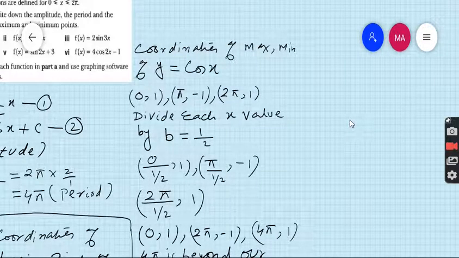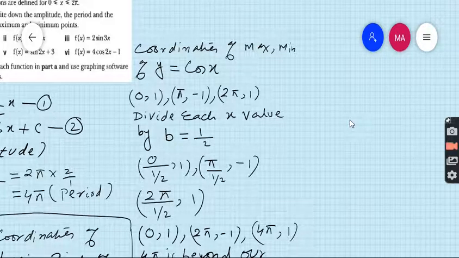Our domain is 0 to 2 pi, so we will not go beyond the limit. The maximum limit is 2 pi. These values, (0, 1), (pi, minus 1) and (2 pi, 1), are the maximum and minimum points of cos x.